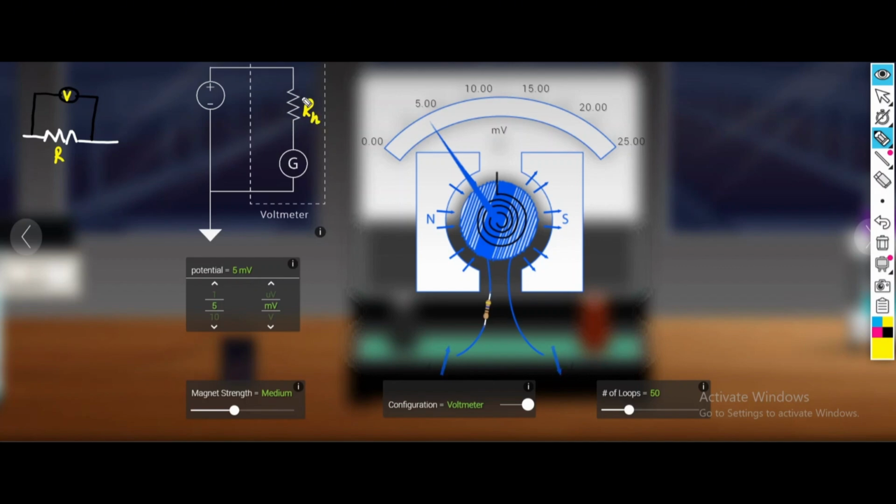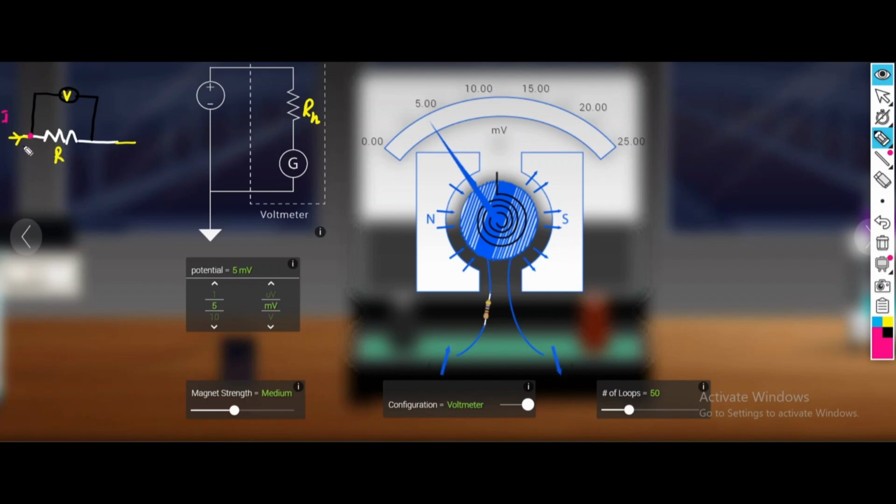The value of this resistor will be high because, if you find the potential difference across this component of the circuit, let's say the current I is flowing in that circuit. At this junction, according to Kirchhoff's current law, this current will be divided, and some of the current will pass through this voltmeter, and some through this resistor.